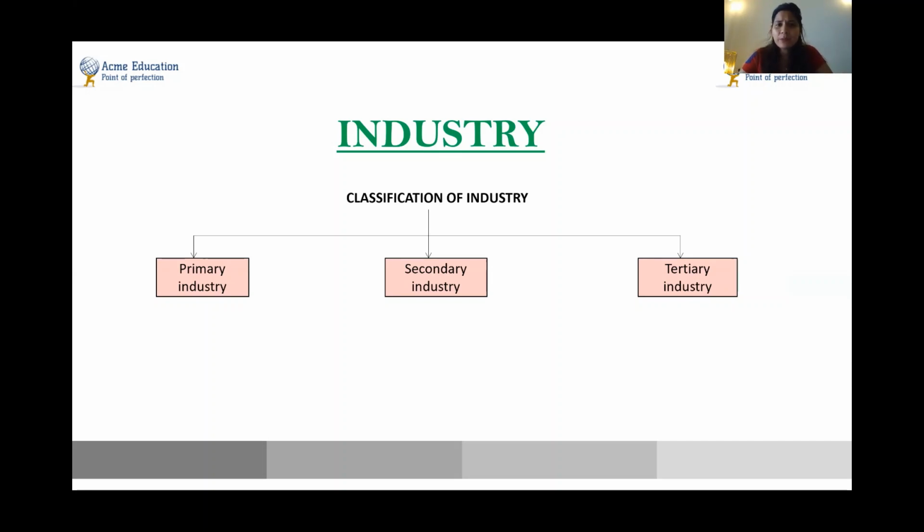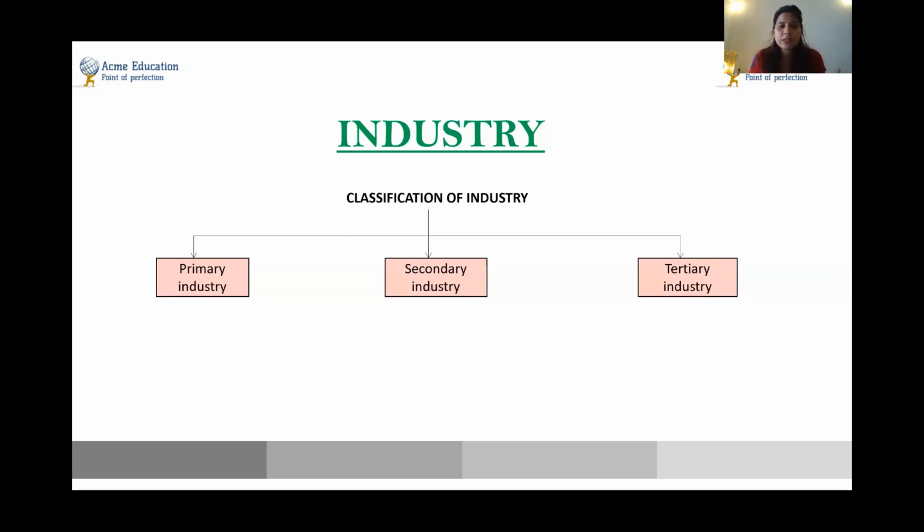I'll give you an example which will help you to connect all the three industries together. So let's say we have sugar cane, which is being grown in the agriculture sector. We take the sugar cane from the agriculture sector, which is a primary industry, and we convert it into sugar.